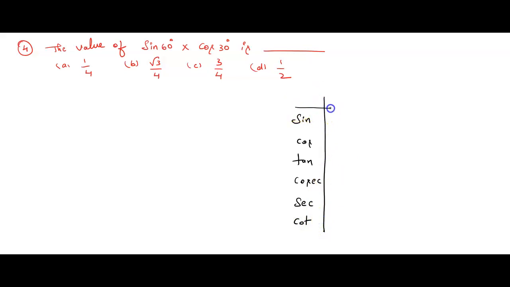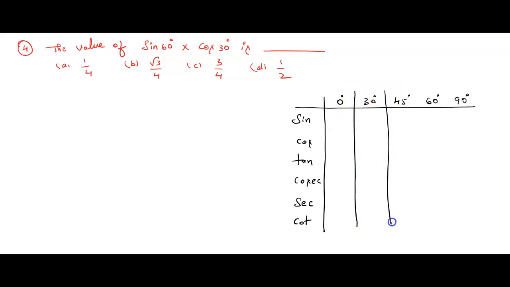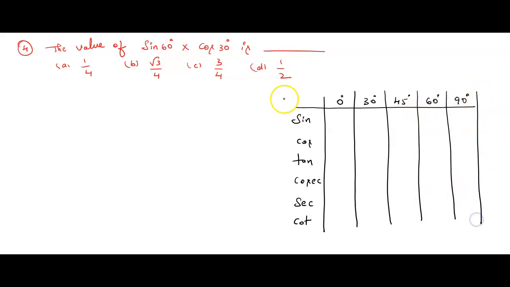And the standard angles are 0 degree, 30 degree, 45 degree, 60 degree, 90 degree. So these all are standard angles. Are you getting, children? Whenever they give any question related to standard angles, first you draw the table.